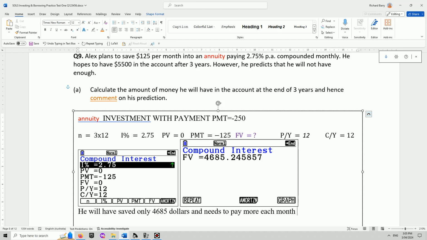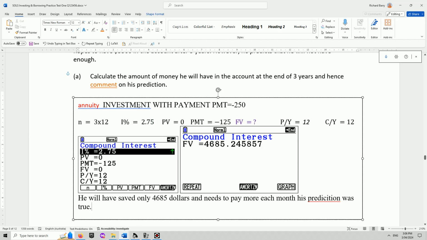All right. His prediction was true. If you see this word comment, you will need to write a sentence. Okay?